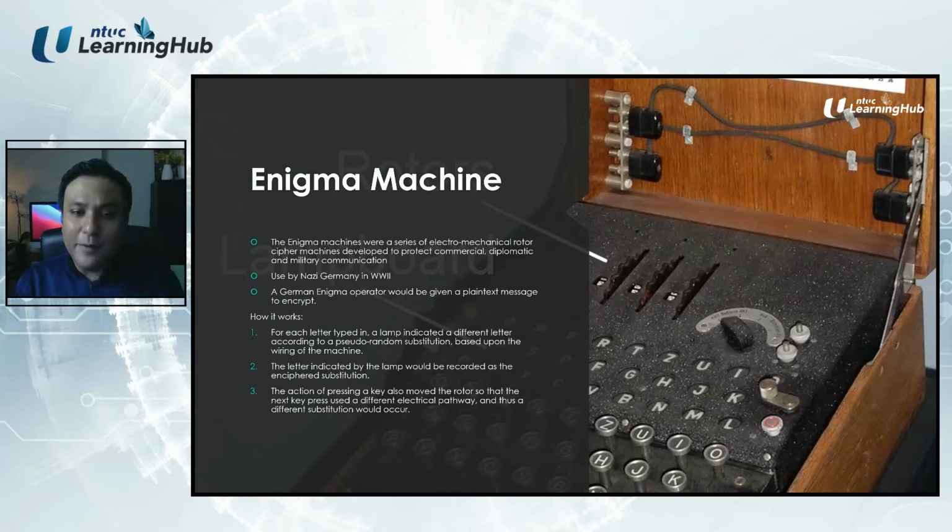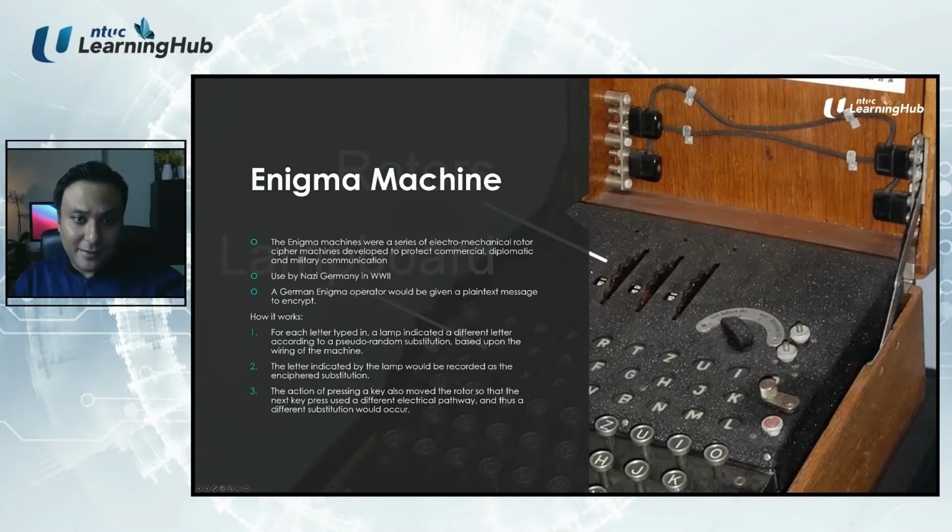Why? Some of you might be wondering, why can't the Allied forces just have an Enigma machine and unscramble the message, right? The reason is that not only do you need an Enigma machine to unscramble the message, but also you need to have the same setting on both sides. So the sender would have the same rotor setting here. Can you see there's some dials here?